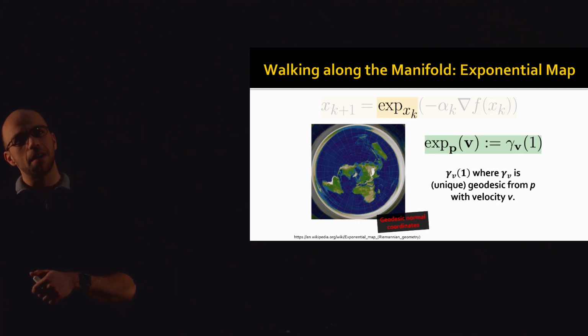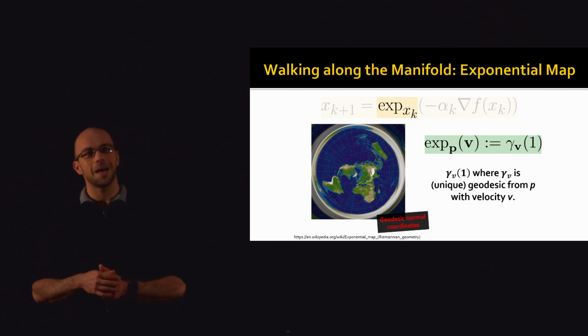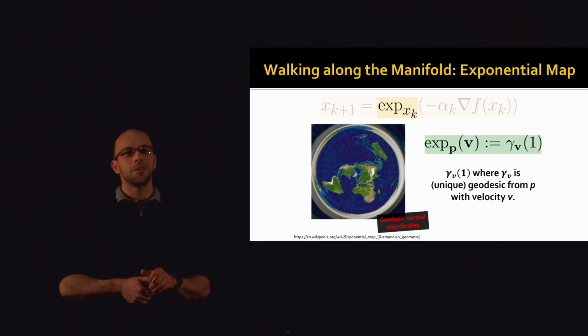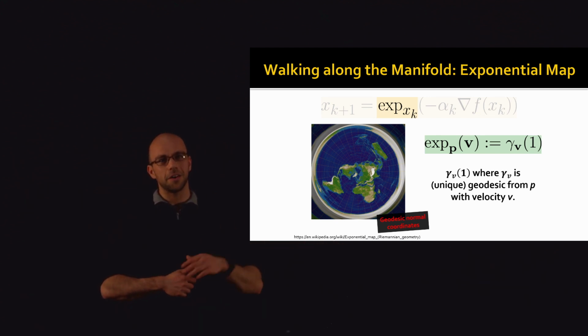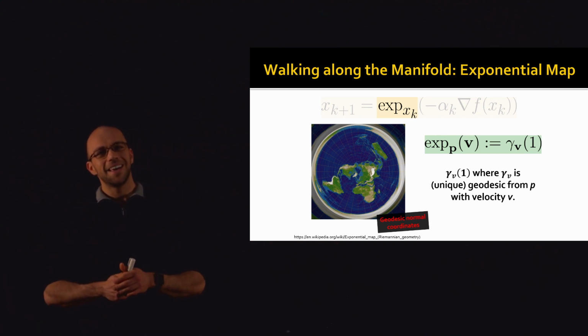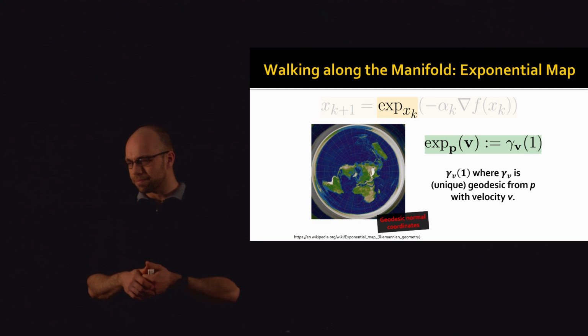And then if you go all the way back to our discussion of geodesic curves, we defined this exponential map, exp_p, which is essentially what happens when you solve this geodesic ODE starting at a point p in the initial direction v for 1 unit of time.